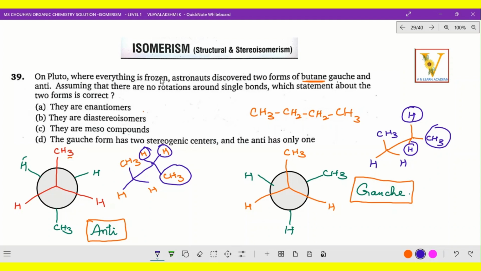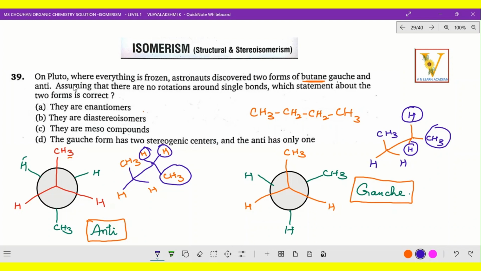On Pluto, where everything is frozen, astronauts discovered two forms of butane, gauche and anti. It is actually Newman's projection.